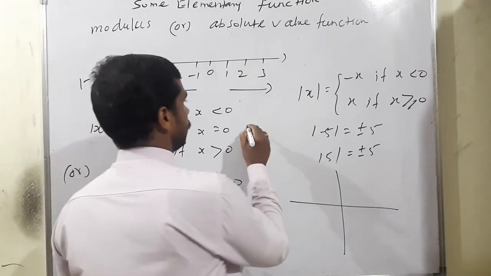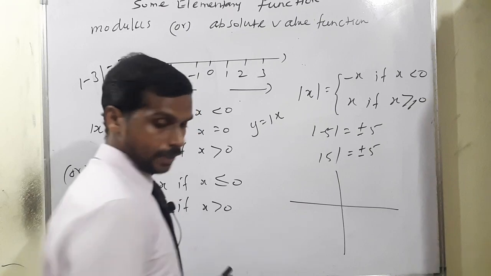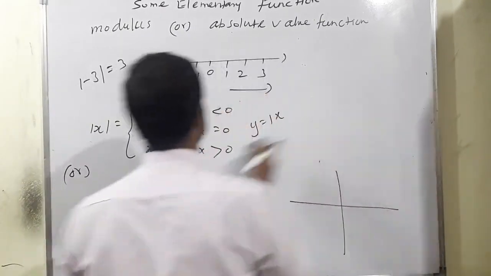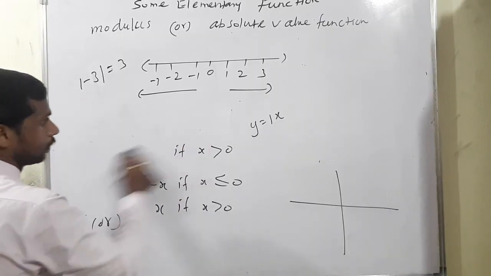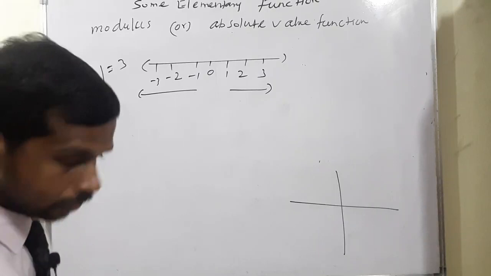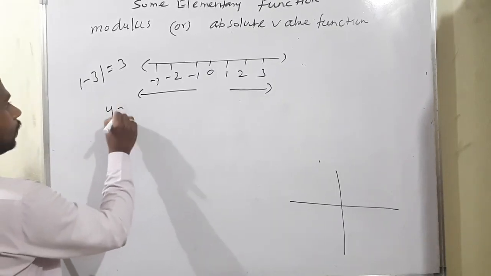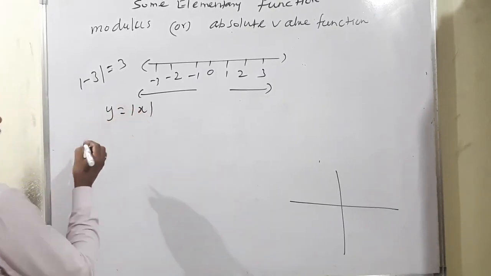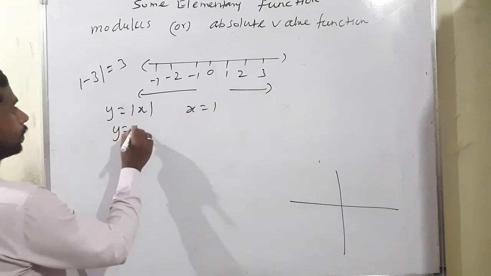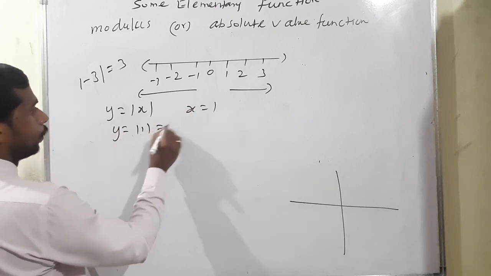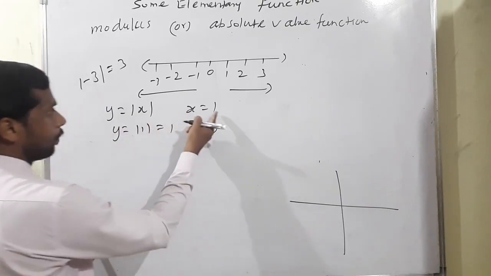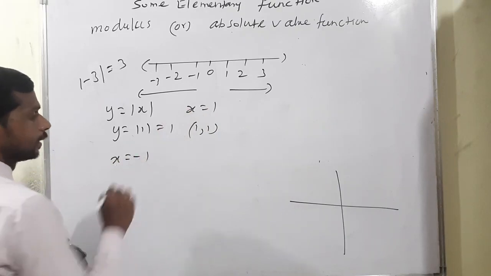For example, y is equal to modulus x. If x is equal to positive 1, what will happen? y is equal to 1, so definitely output 1 will come. Therefore we have the point 1 comma 1. At the same time, instead of positive 1, x is equal to minus 1.